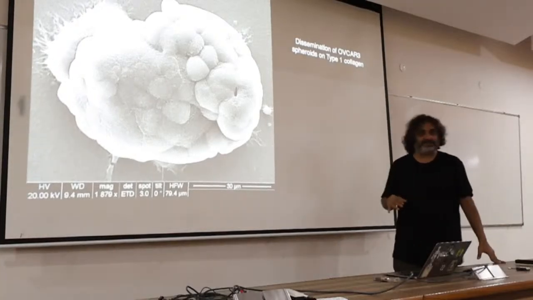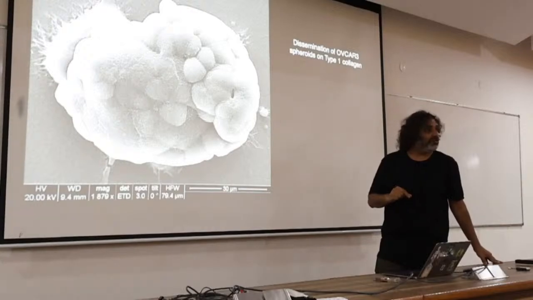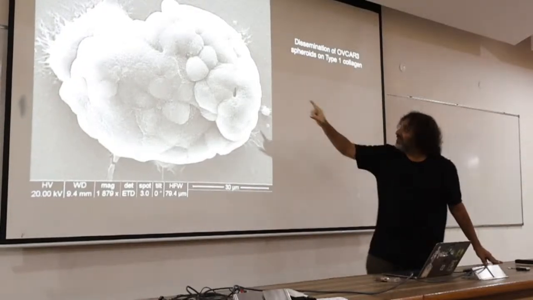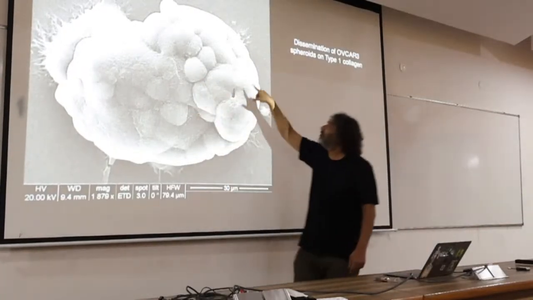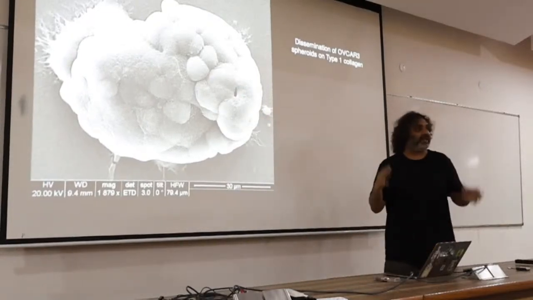Typical colonization. They seem to break through the sheet or the shell as they come out, and you can almost see the cracks coming through, and you can see the furrows now visible as this shell breaks and the spheroid moves on.